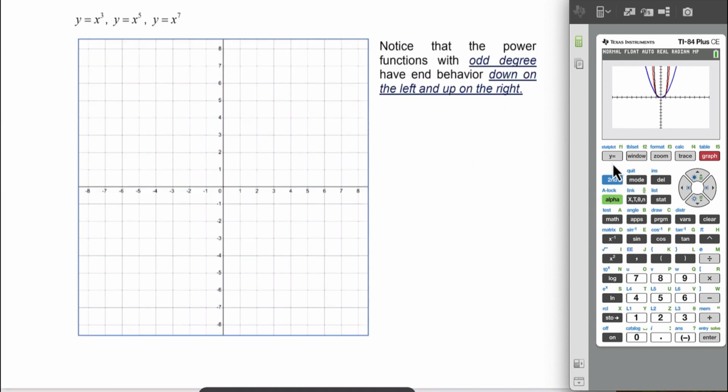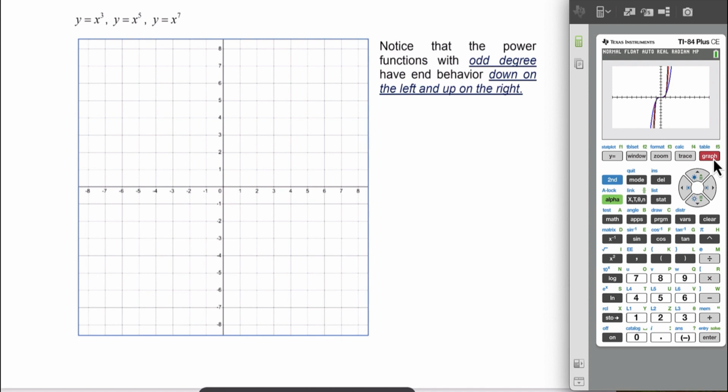In this example, we'll look at different power functions. We have x cubed, x to the 5th, and x to the 7th. When we graph these, we get similar shapes.